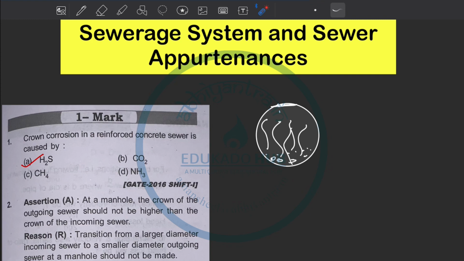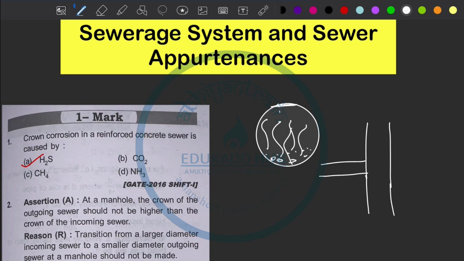Assertion: at a manhole, the crown of the outgoing sewer should not be higher than the crown of the incoming sewer. Okay, that means they are saying that if it is a manhole, and this is the incoming sewer and this is the outgoing sewer, there will be a lot of incoming sewers adding into this manhole.